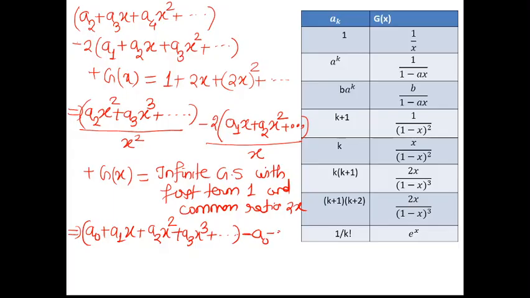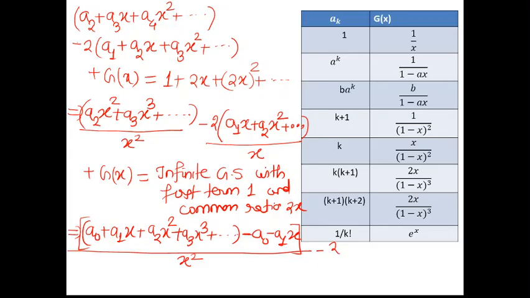So minus a0 minus a1x. So this is my first term, and this complete term is divided by x square minus 2 times.